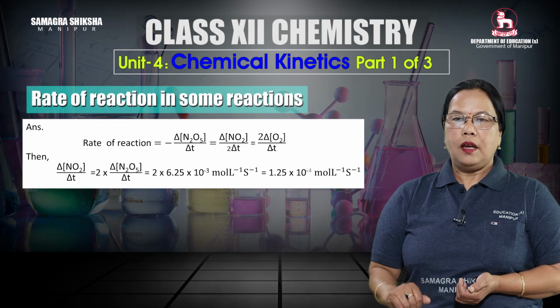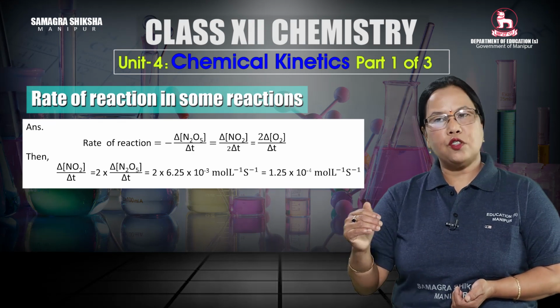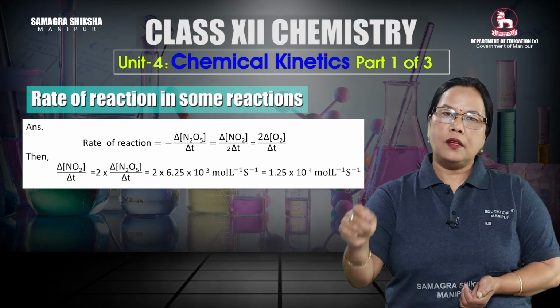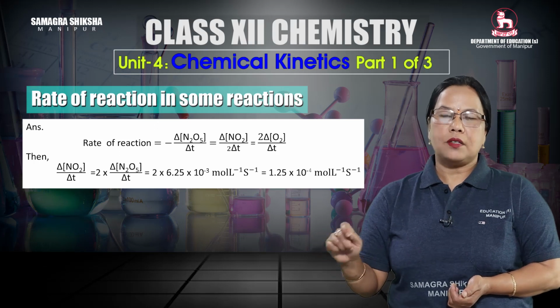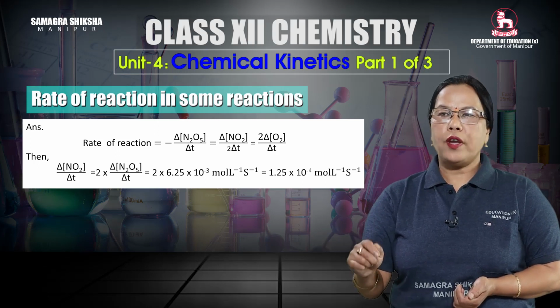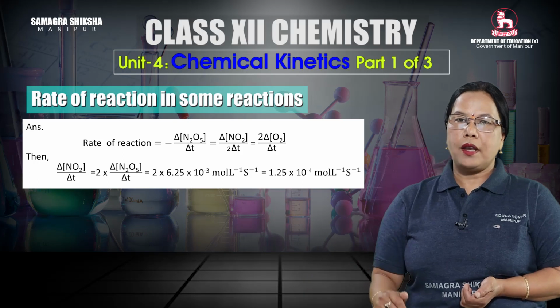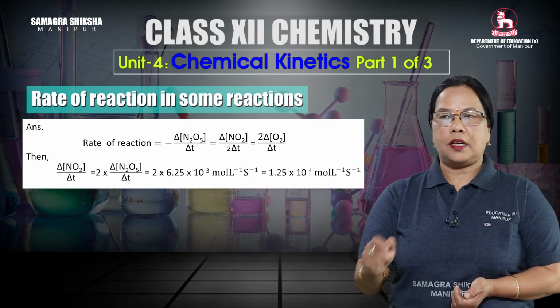So it is 2 into 6.25 into 10 to the power minus 3 moles per liter per second, which equals 1.25 into 10 to the power minus 4 moles per liter per second.